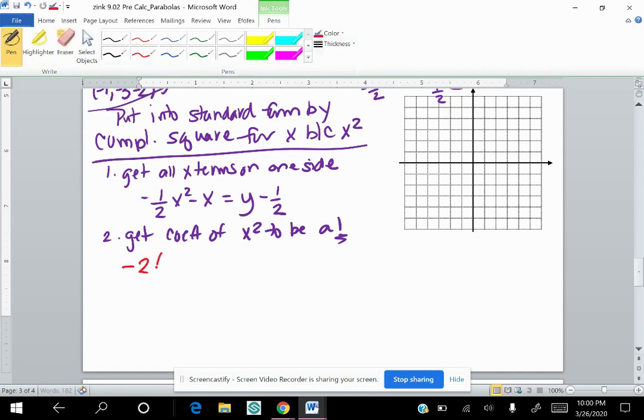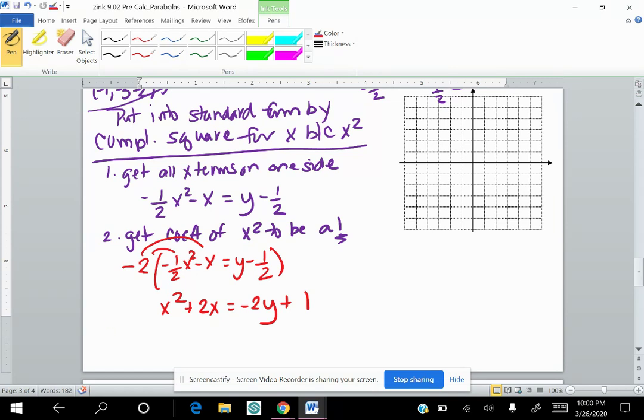So I'm multiplying -2 times -1/2 x squared minus x equals y minus 1/2. And this will be great because it's going to also get rid of that other fraction. So -2 times -x is going to give me positive 2x equals -2y and then plus 1.